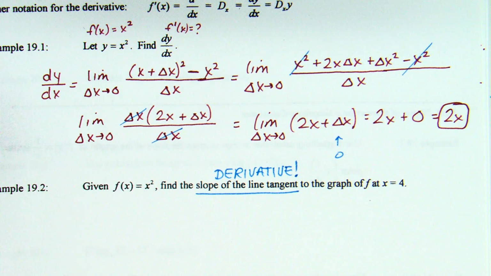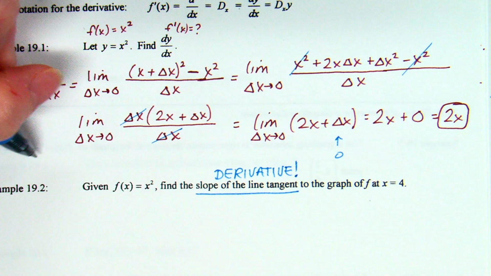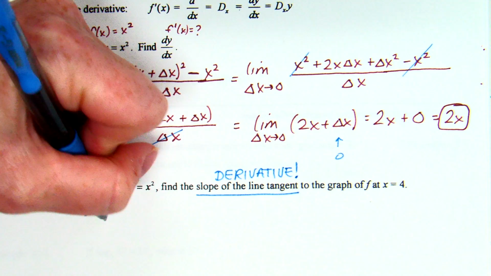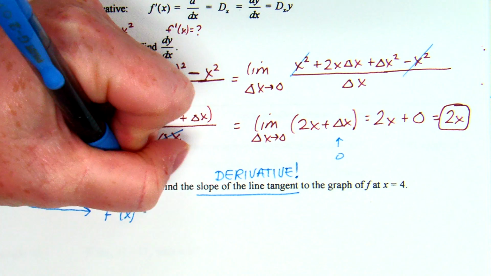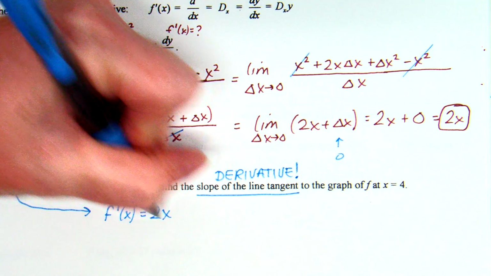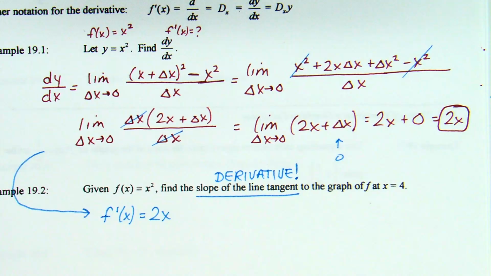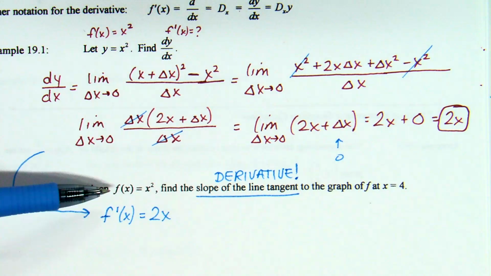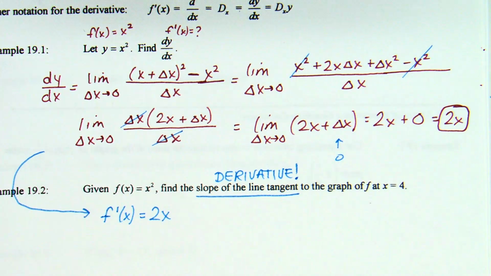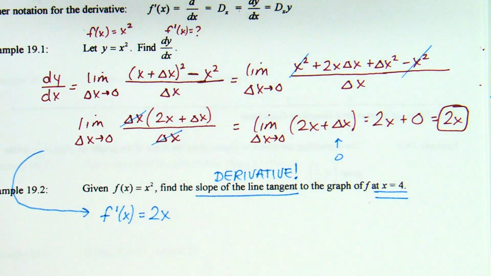We know from above that f prime of x is equal to 2x, from the problem above, right? So if the given function is f of x equals x squared, f prime of x equals 2x, we want the derivative at x equals 4.